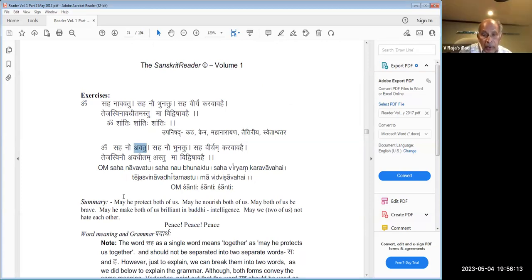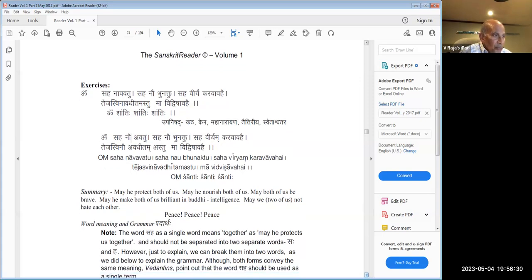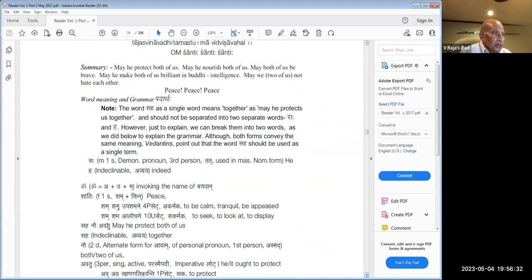Ava plus tu is avatu, which means to protect. May that person whom you are praying to protect, nau is the dual, and everything is explained here in detail. Saha nau avatu: may he protect both of us, and each word is explained.